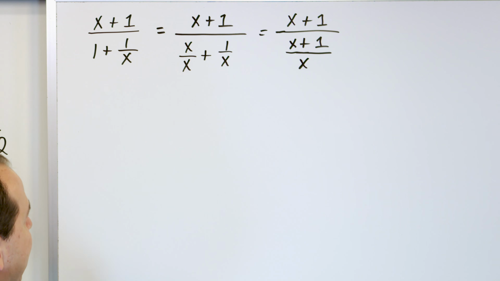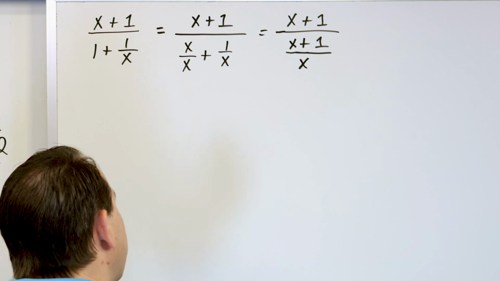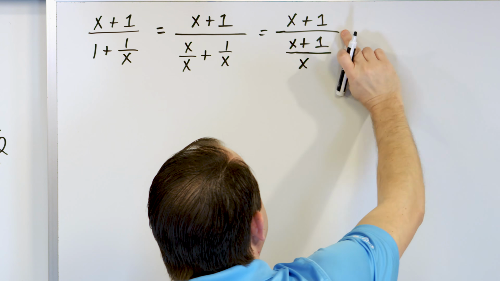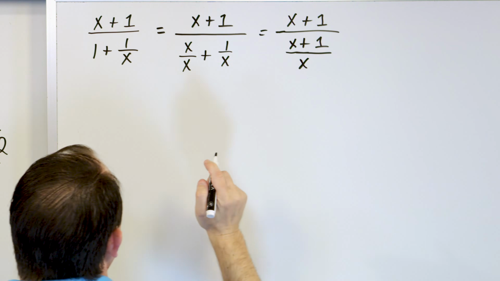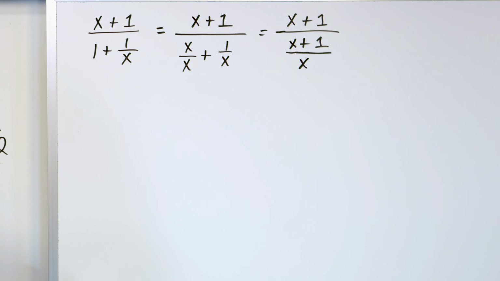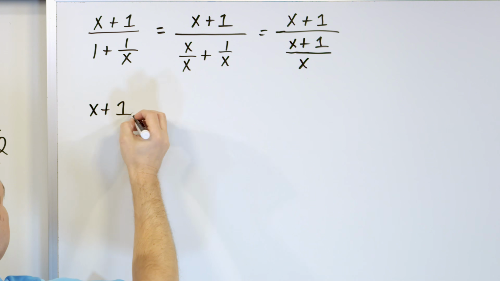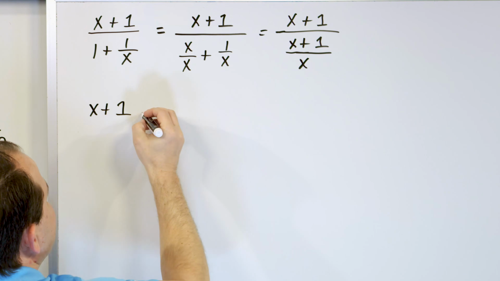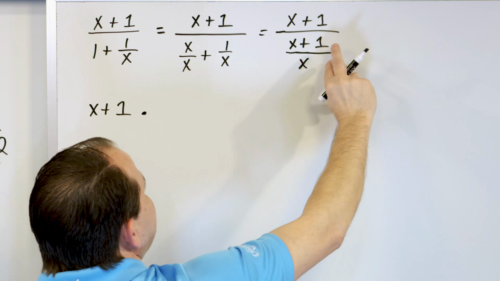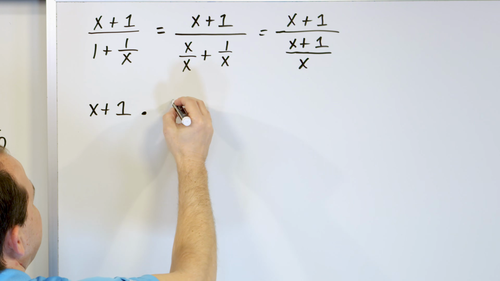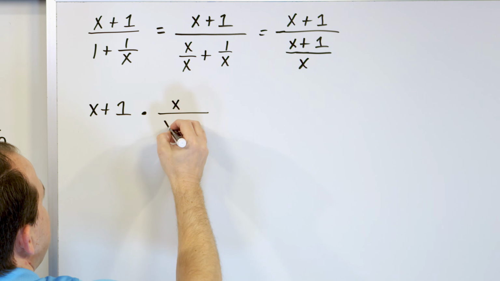It looks like a nightmare, right? But then you say, well, okay, how did we do it before? We said we have something divided by something. We change this fraction division to multiplication. So what we will then have, we take the numerator, which is x plus 1. We take this fraction division and change it to multiplication. We take the bottom fraction, we have to flip it upside down, just like for the cases before with numbers, x plus 1.